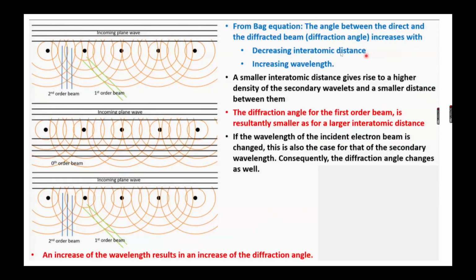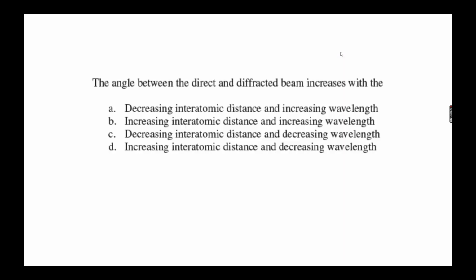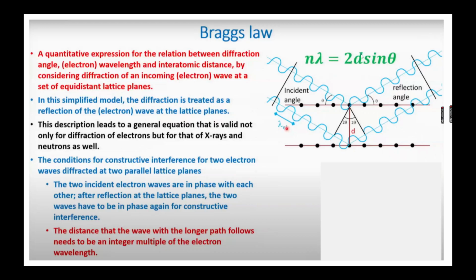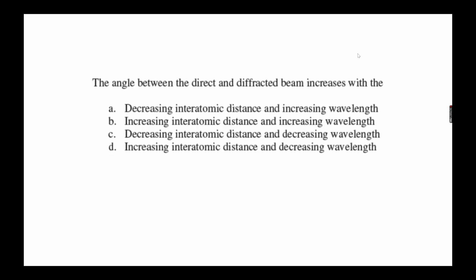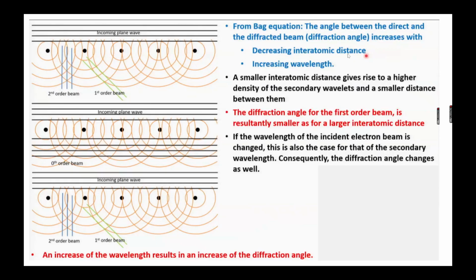Decrease the interatomic distance. When we decrease d, suppose we take theta small, then sine theta is approximately theta. So when we decrease the interatomic distance, there will be an increase in the angle. Why? Because d equals n lambda upon 2 sine theta, so you just have to solve the relation between theta and d.